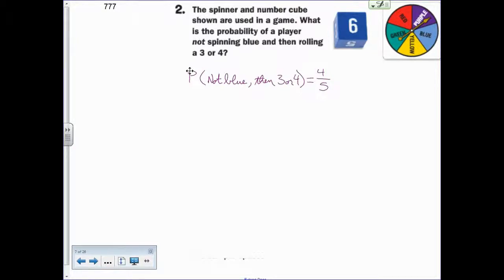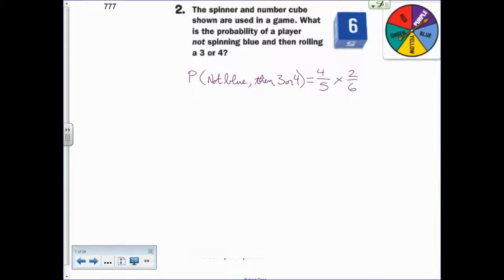What is the chance of rolling a 3 or 4? Well, there are 6 spaces on the number cube, and 1 of them is a 3, 1 of them is a 4. So 2 out of the 6 spaces on the number cube are either a 3 or a 4. So I can multiply those times each other.